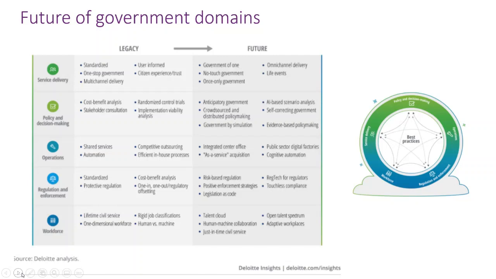About a year ago, Deloitte published an article on the future of government domains, clearly showing the reinvention of the 5 main government domains that are ubiquitous across many levels of government. Many of these changes are supported by new and existing technology like AI, blockchain, and DevOps.